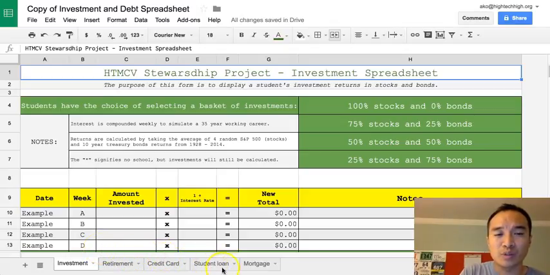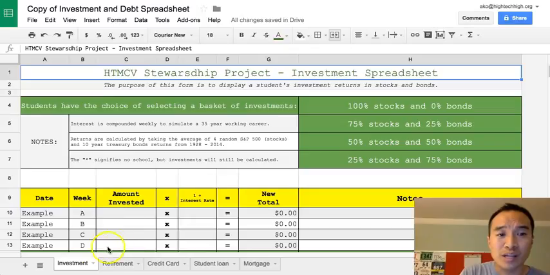Credit card, student loan, and mortgage, these last 3 are going to be debt. So if you're the investment banker, you're basically going to be working with these 2. The debt banker, these 3. And the reason why this video is put together for the investment bankers and debt bankers is so you kind of know what the other tabs are for.